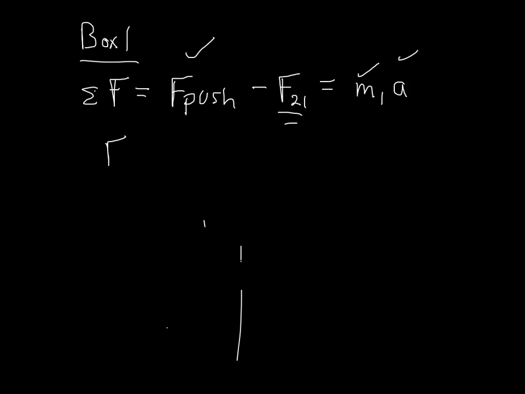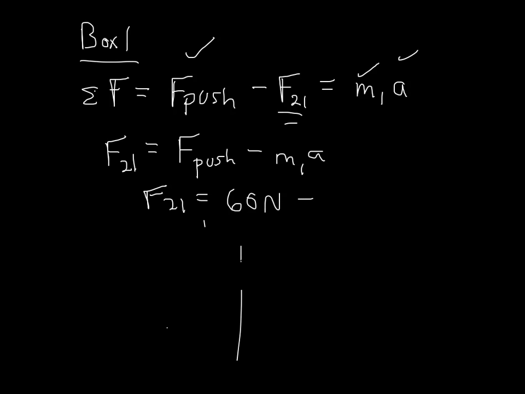So let's solve it. F of 2 on 1 is going to be equal to F push minus m1 times a. Plug in your numbers. F of 2 on 1 is 60 newtons for F push minus 20 kilograms times my acceleration of 1.2 meters per second squared.